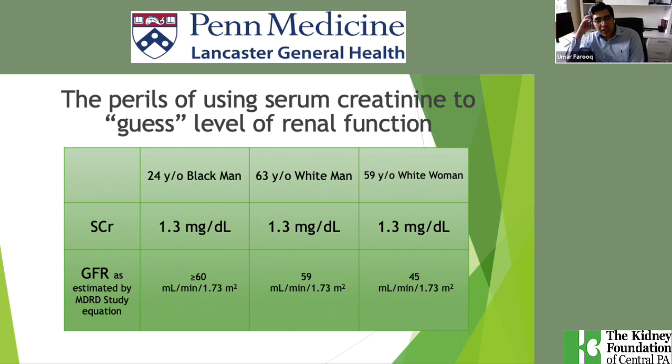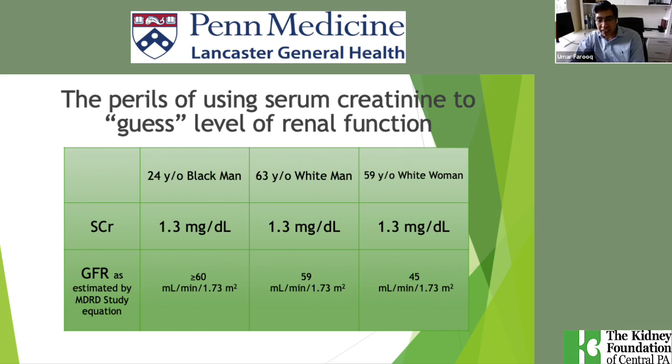So a serum creatinine of 1.3 may not mean the same in a 24-year-old Black gentleman, whose GFR is more than 60, or just imagine this as a percent function in the kidney, and a 63-year-old white man, whose GFR is 59, less than 60. And if this is a 59-year-old white woman with the same creatinine of 1.3, that equals 45% function, or a GFR of 45.